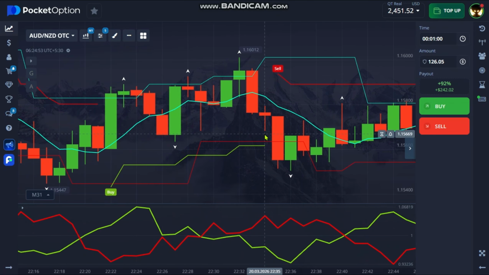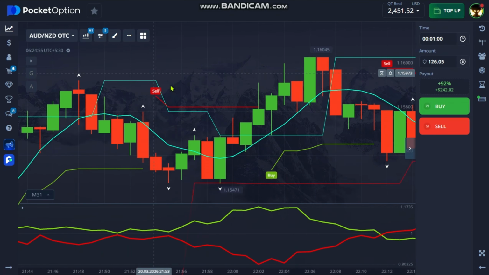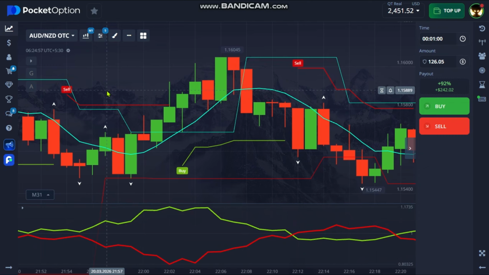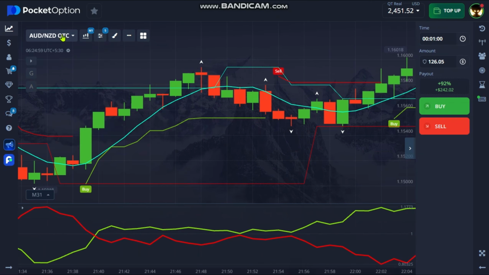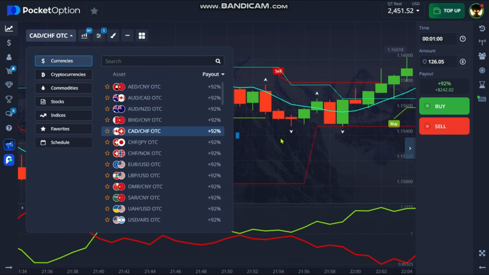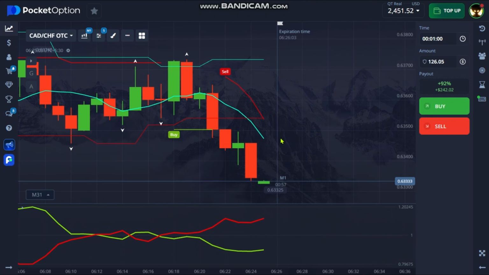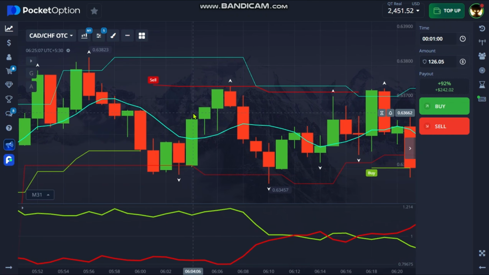Okay, let's see other past entries. If you need to find a weakness, you can find it in the past trade entries, because there are an infinite amount of trades now.